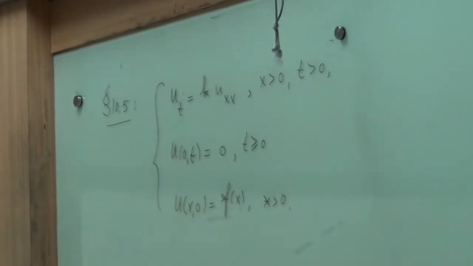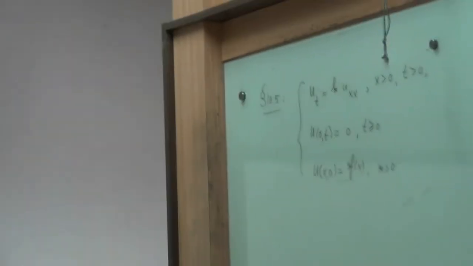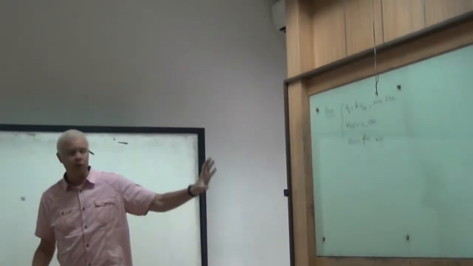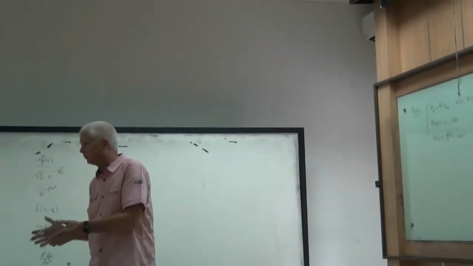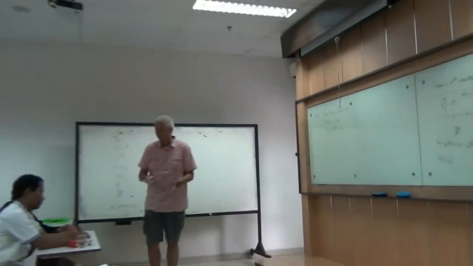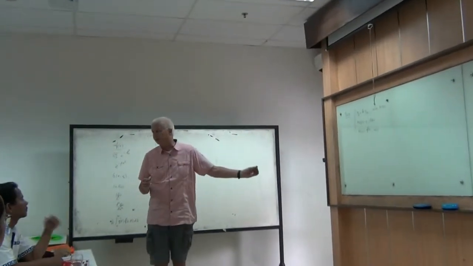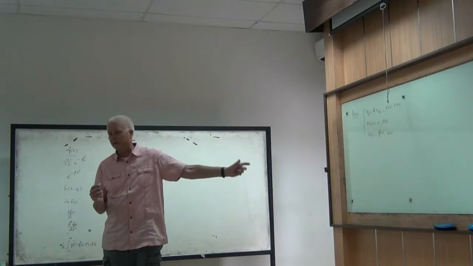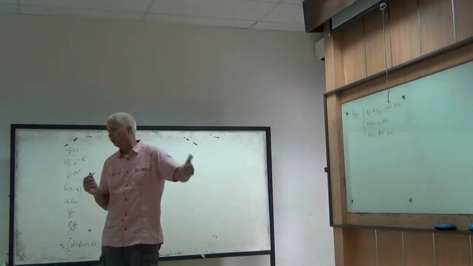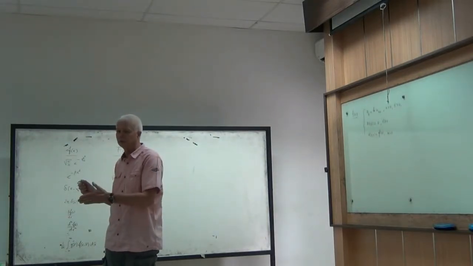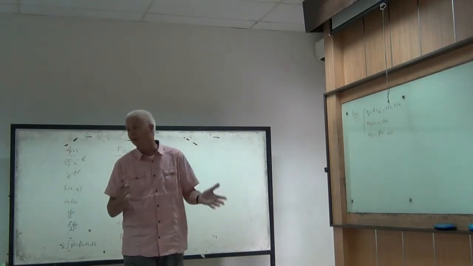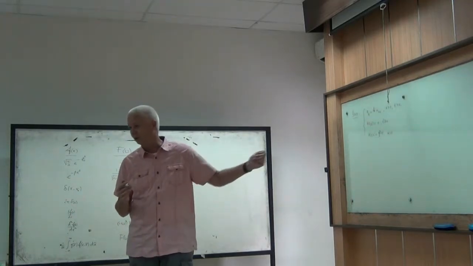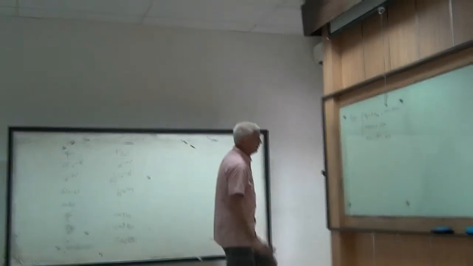This problem you have to solve. In the book they have several sections on Fourier cosine transforms and Fourier sine transforms. I never treat that because you can do it in another way, much more efficient. Moreover, in physics you usually have more difficult boundary conditions, and then a Fourier cosine transform and a Fourier sine transform really do not work. Yeah, so you always have to go back to what I'm going to do.